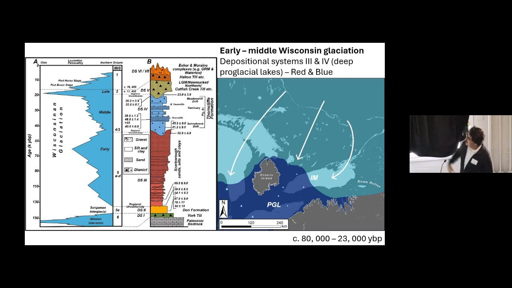This advance and retreat is genetically linked to the sediment facies we have in Southern Ontario, which you can see right beside it in the stratigraphic log. We've subdivided those into 7 principal depositional systems. And just to reiterate, these depositional systems have varying facies, but they are genetically linked.